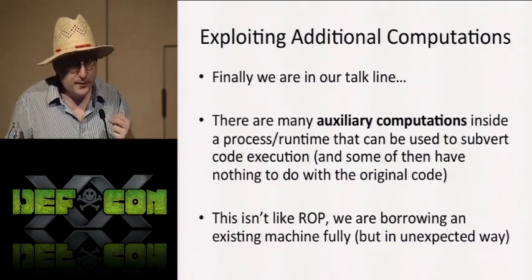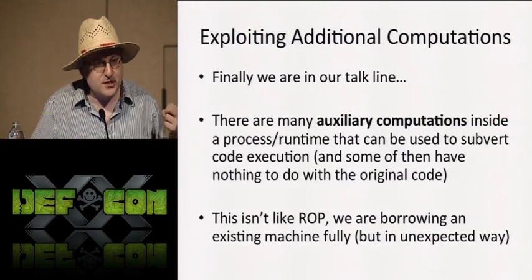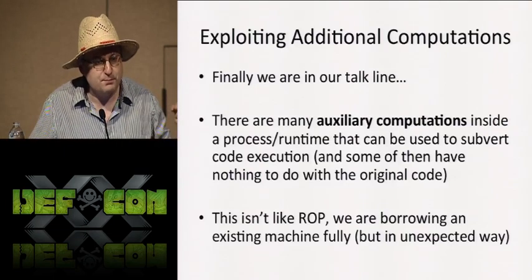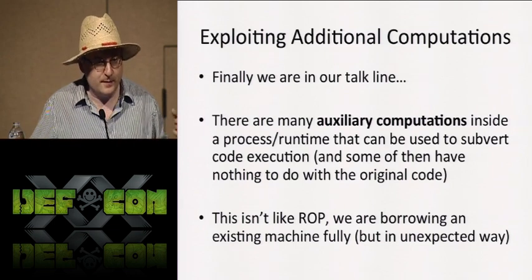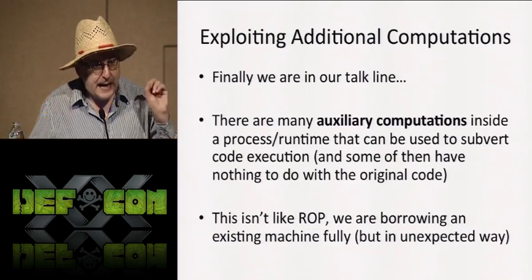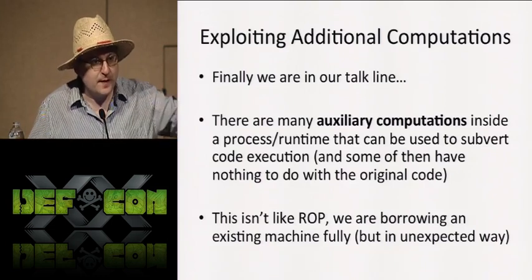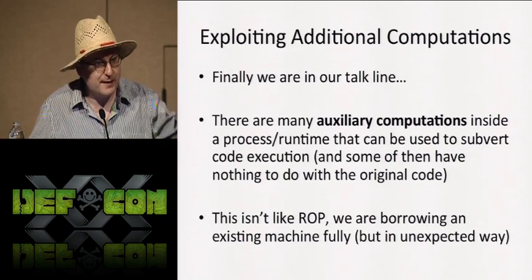What we do is we borrow existing functionality in exactly the state that it is already present in the program's runtime space. In particular, it's one of those things that goes into constructing the process runtime.